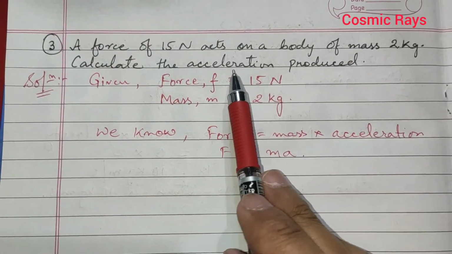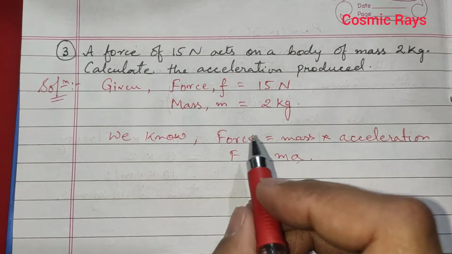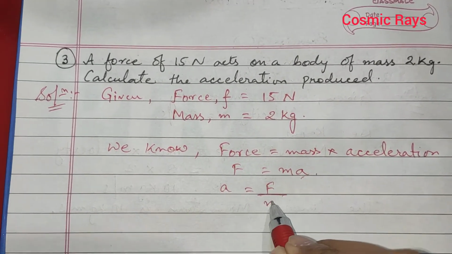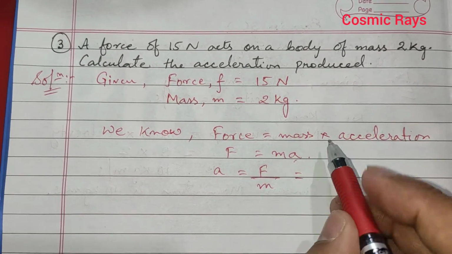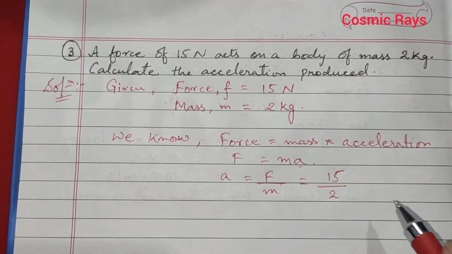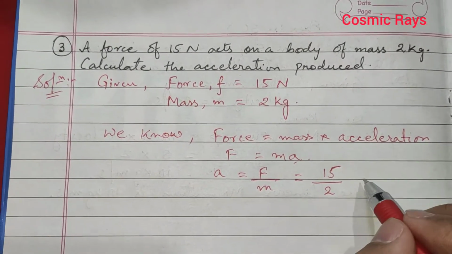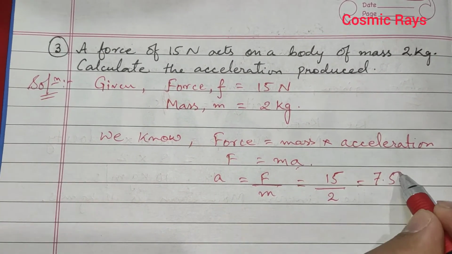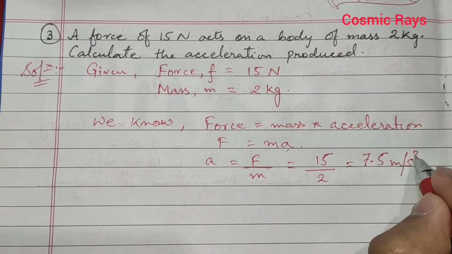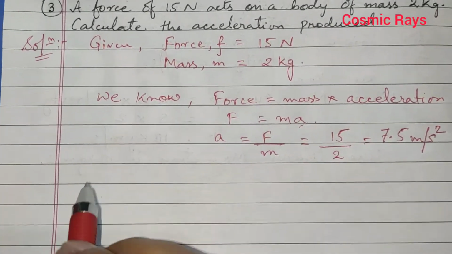So we have to find the acceleration, that is a. So we convert this equation in terms of a. So a will be equal to F upon m. We have the value of F to be 15 Newton and mass is 2 kgs. So after division, we will get 7.5, and the SI unit is meter per second square for the acceleration.